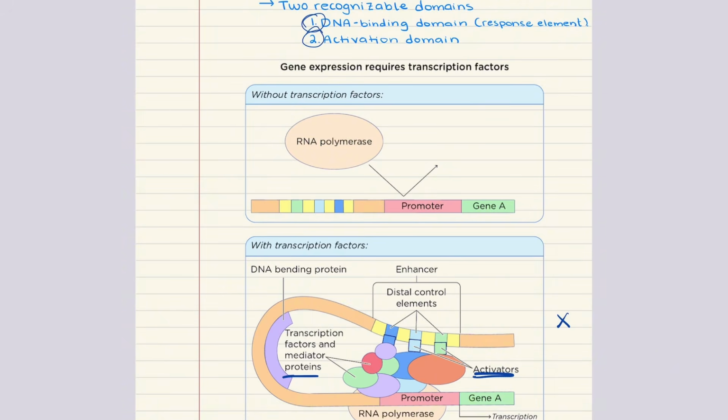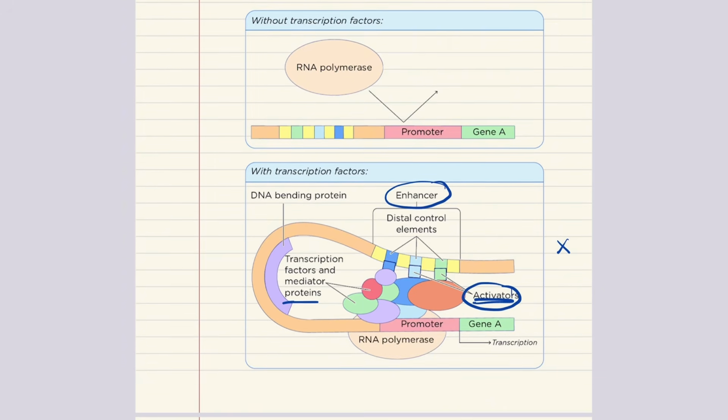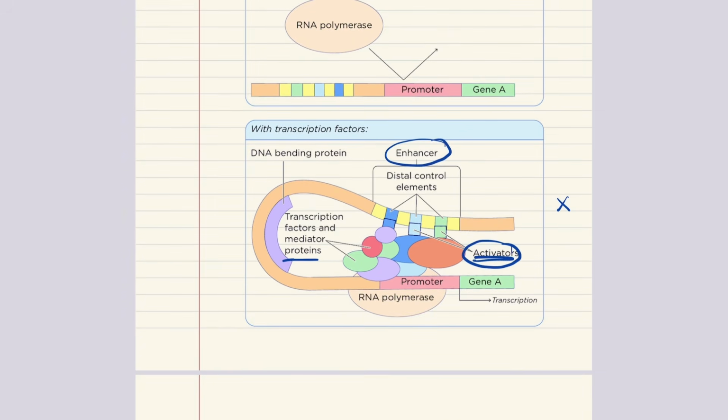When transcription factors bind to enhancer regions, especially those that are far away from the gene, they can cause the DNA to loop around so that the enhancer comes close to the promoter. This kind of looping brings all of that necessary machinery together and it allows for efficient transcription to begin.